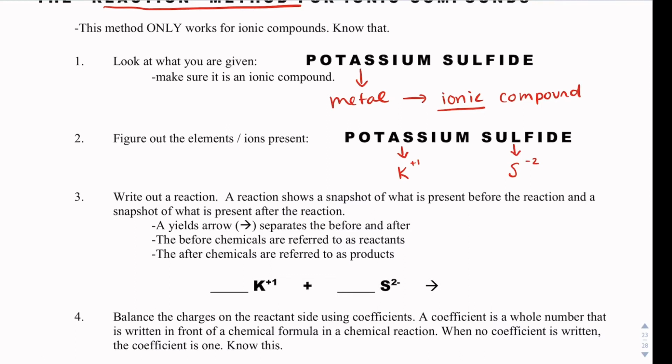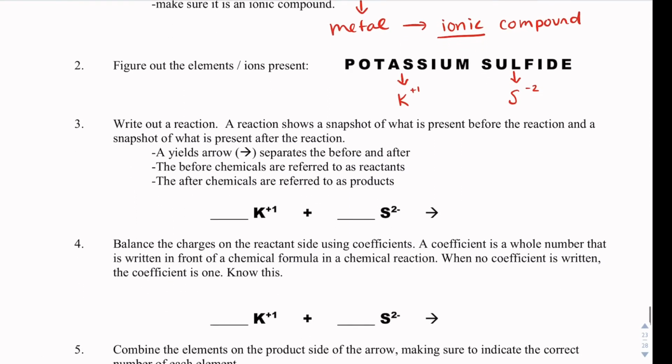Okay, so how we can add this together is we can say, okay, we've got potassium with a plus 1, sulfur with a 2 minus. Do they cancel each other out? They do not. So we're going to need 2 potassiums, or 2 positive 1 charges, to cancel out the sulfide S2 minus. So this becomes K2S.